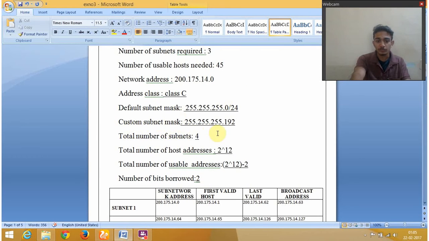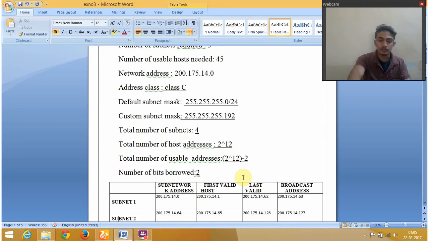So the custom subnet is 255.255.255.192. That is, I have 4 subnets. That is because I have borrowed 2 bits, and the number of host bits is 12. So the total number of host addresses is 2 raised to 12, and 2 raised to 12 minus 2 is the usable host addresses.